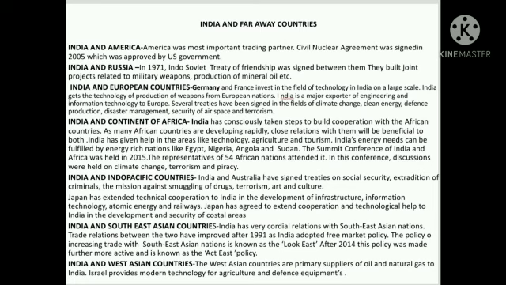This increasing trade policy with Southeast Asian nations is known as the Look East policy, which is nowadays known as the Act East policy. India depends on West Asian countries like Iran, Bahrain, Kuwait, Saudi Arabia and United Arab Emirates for oil, and from Israel, India also gets modern technology for agriculture and defense equipment.